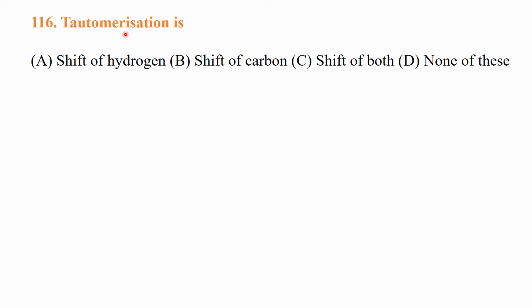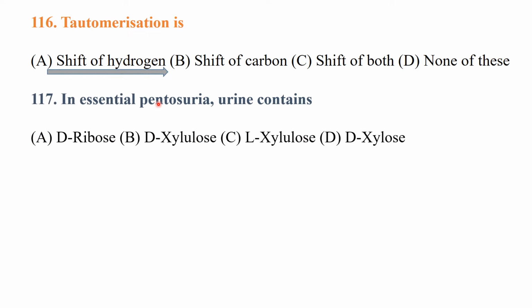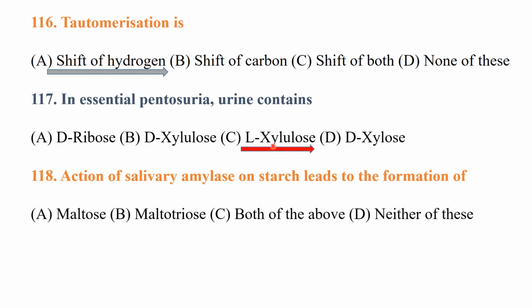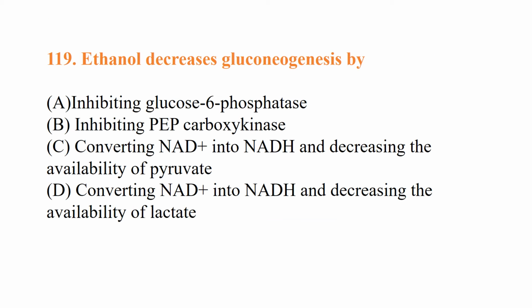Tautomerization is the shift of hydrogen. In essential pentosuria, urine contains L-xylulose. Action of salivary amylase on starch leads to the formation of both of the above, maltotriose and maltose.